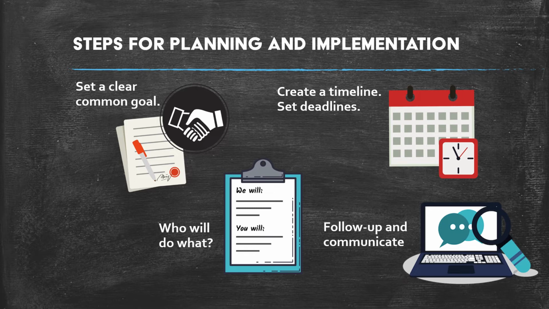Let the other group know when you check something off the list, or if something you are working on changes. Number 5, follow through. Simply do what you say you are going to do. If that becomes impossible or something happens that's outside your control, refer to number 4 and communicate.